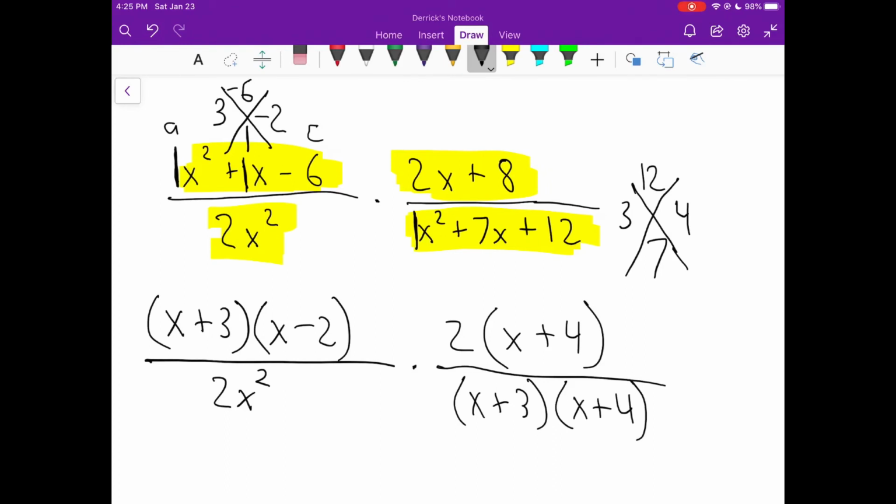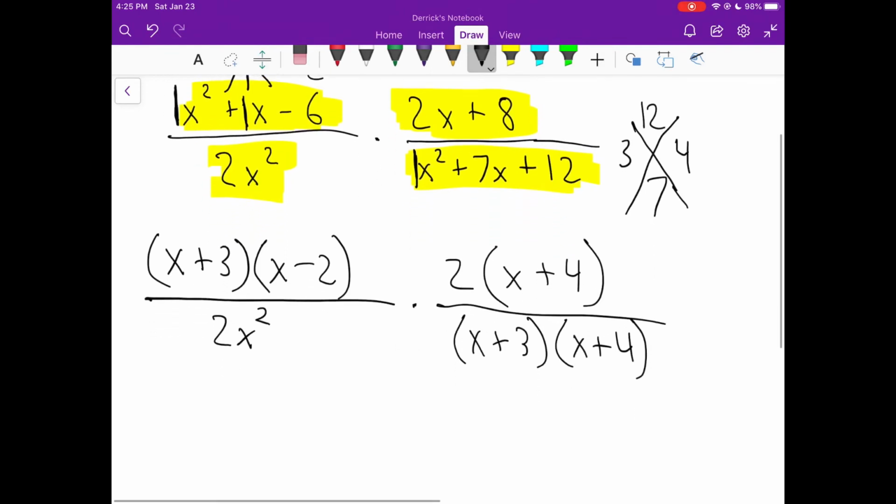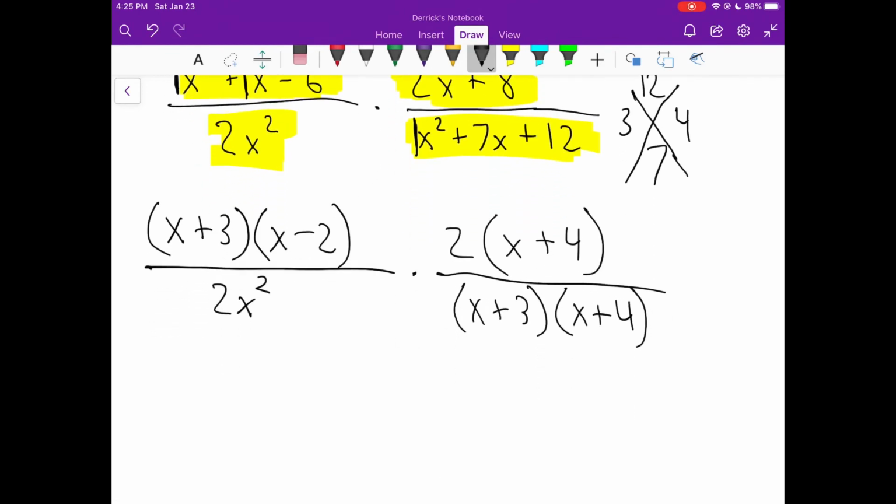Now that we write this in its factored form, we can see we do have some things in common. I see an x plus 3 that matches between the numerator and denominator, so x plus 3 divided by x plus 3 is just 1, meaning they're effectively canceled. I also see an x plus 4 over an x plus 4, which is just 1.